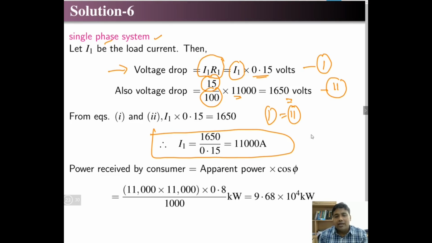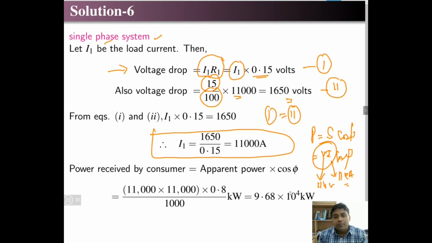Now you know that the power P is equal to S into cos phi. S is the apparent power and S is equal to voltage into current. So you have the voltage and current. The voltage here is given to be 11 kV and the current is also 11 kilo ampere.